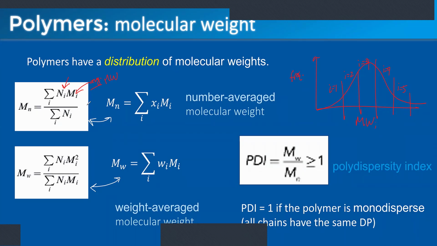So this equation uses the number of chains and the average molecular weight. This equation uses what's called the mole fraction, which, if you remember from chemistry, we quantify the amount of a chemical in terms of moles.